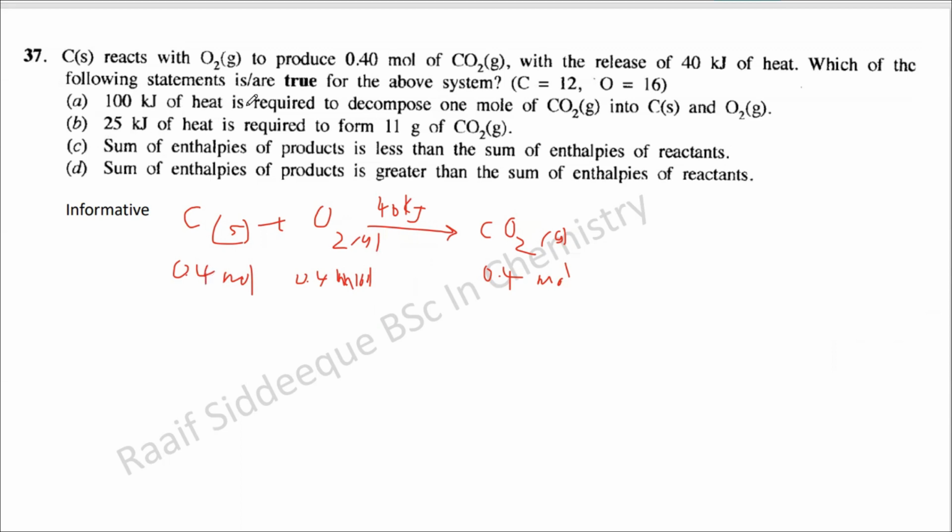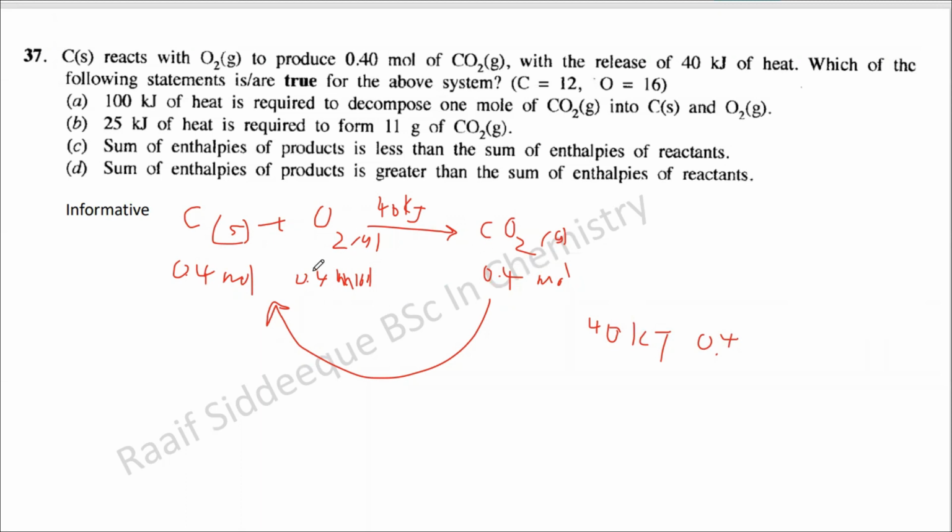100 kilojoules of heat is required to decompose 1 mole of CO2 into carbon solid and oxygen gas. So they are now telling the other way around, right? 40 kilojoule is necessary for 0.4 moles of carbon dioxide.